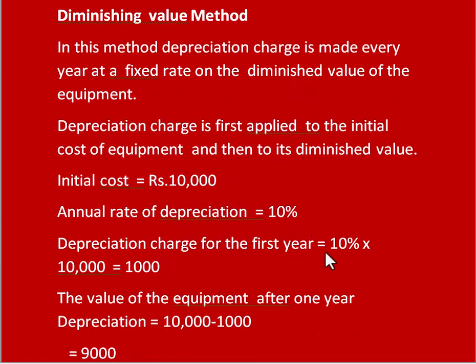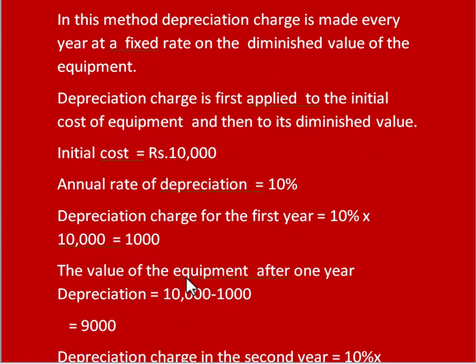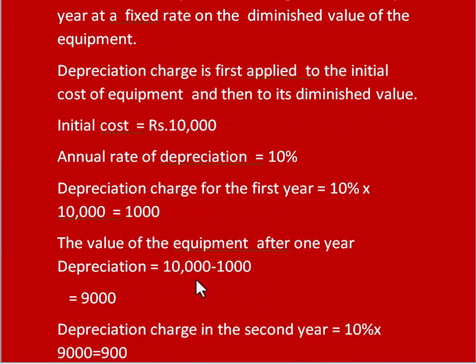Then the depreciation charge for the first year is 10% of this 10,000, that is 1,000 rupees. Then the value of the equipment after 1 year, that is the initial value minus the depreciation charge kept aside at the end of the first year, which is 1,000. So then the value of the equipment will become 9,000, that is P minus S.